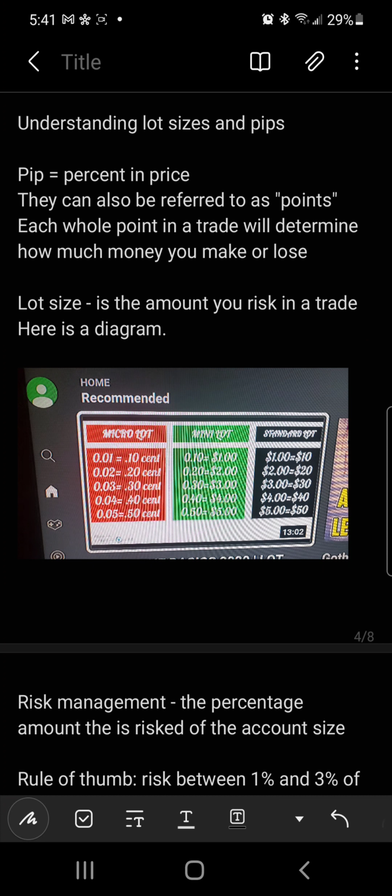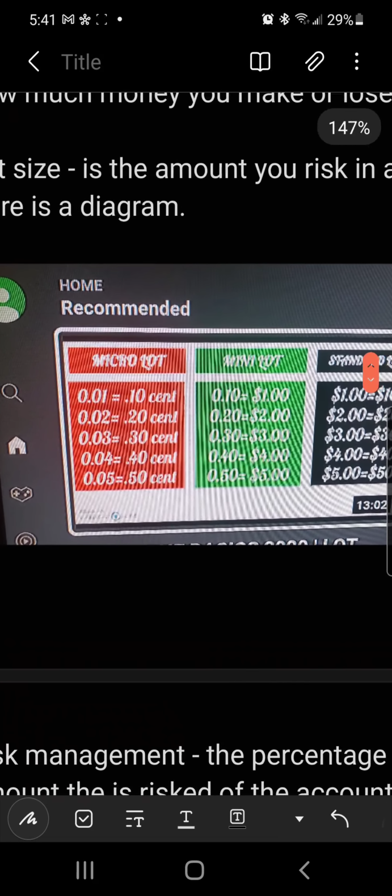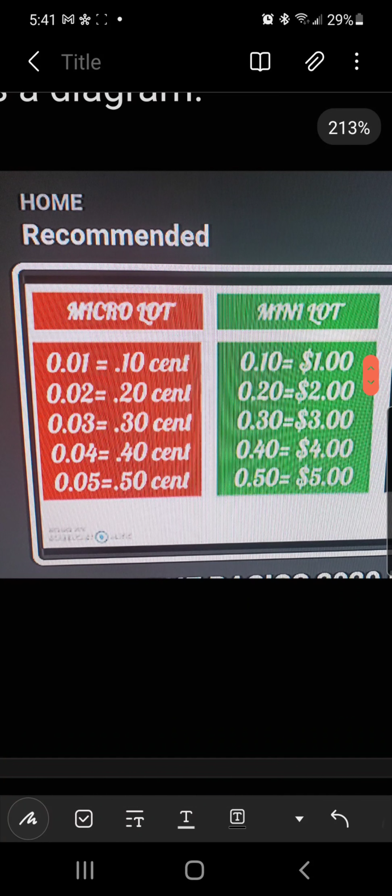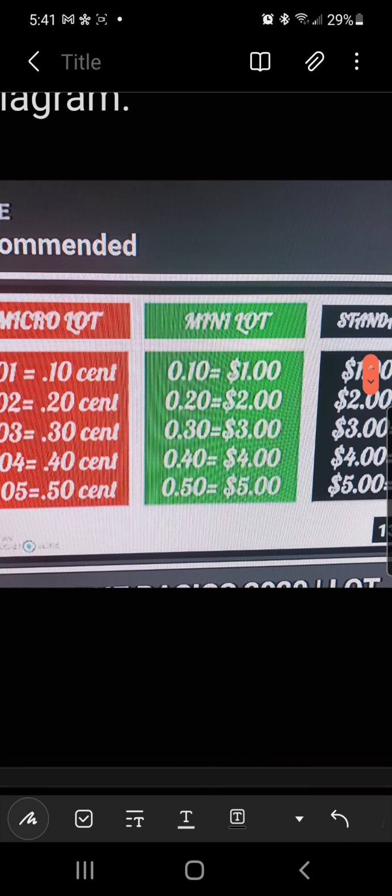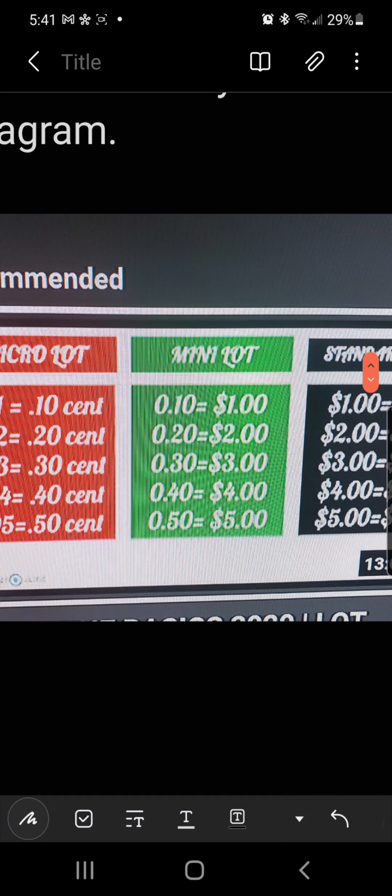Here is a lot size, which is the amount you risk in a trade. So we have what's called micro lots. Micro lots are these little ones right here. You would just type in 0.01, and that equals 10 cents per pip or per point the market goes up or down if you're buying or selling. Same thing with a mini lot. If you put in a 0.10, 0.20, 0.30, whatever, it's $1 per pip.